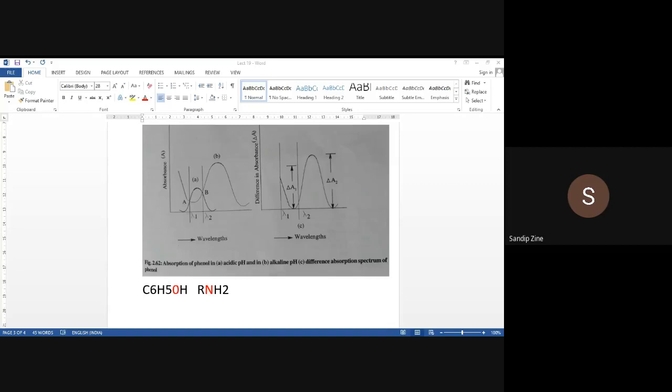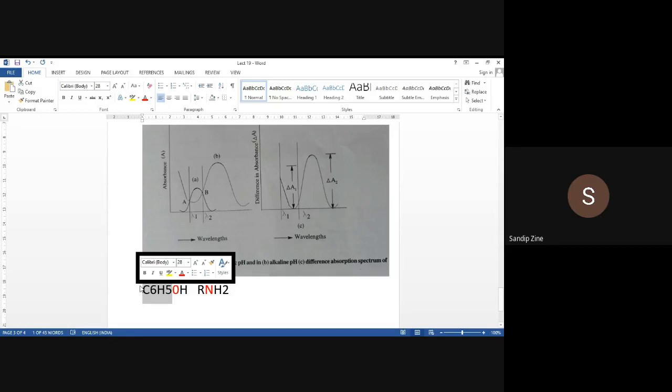Sir, we can add an alkali or a base. Yes, when we add a base, for example sodium hydroxide, we make it alkaline. What happens when the pH of one solution is increased by adding alkali? The number of lone pairs of electrons on the oxygen atom increases, from 2 to 3, and these electrons are delocalized in the benzene ring, the C6H5 ring.